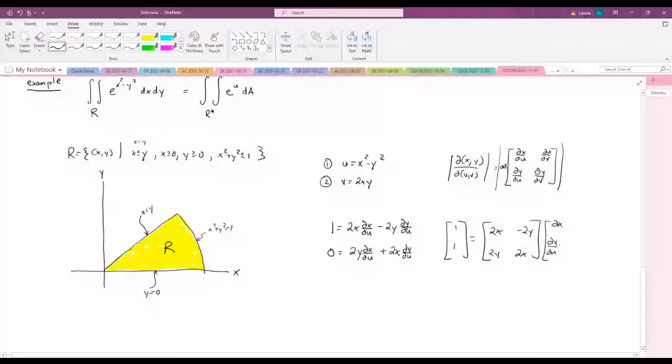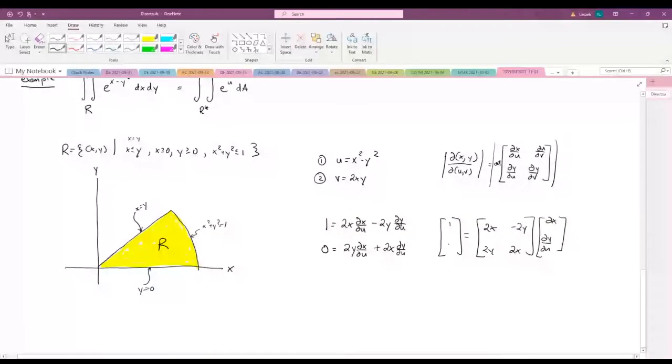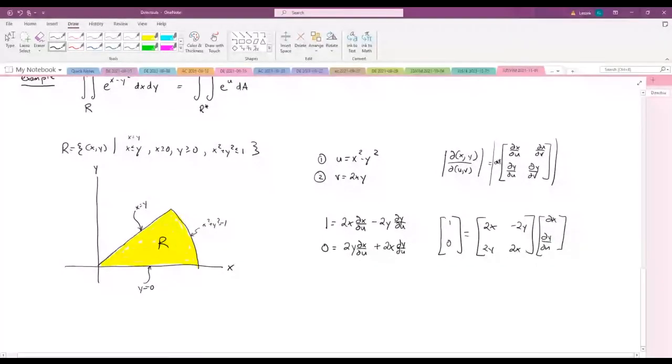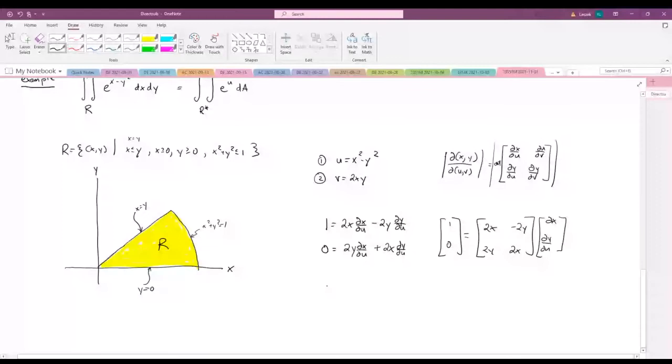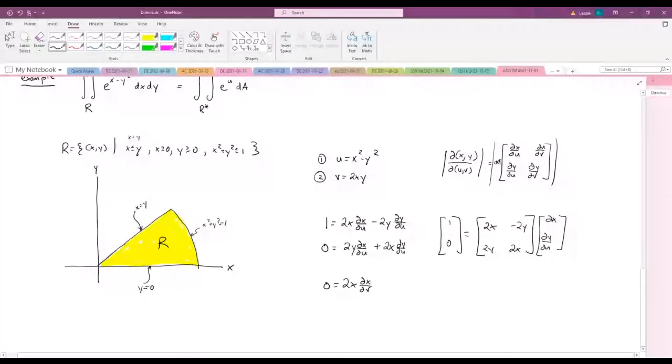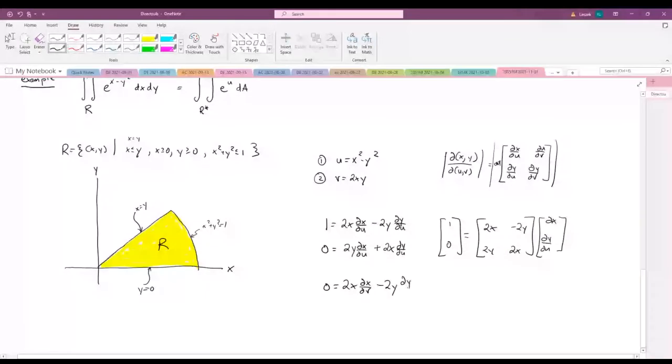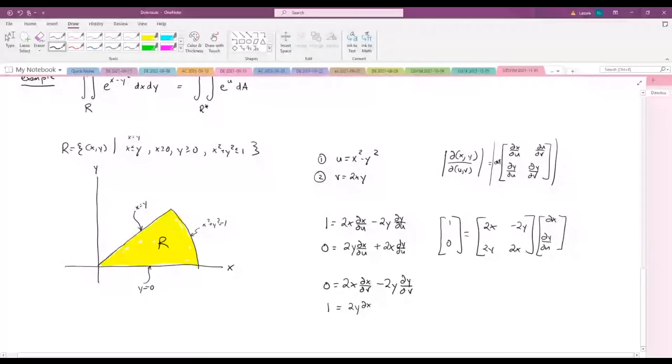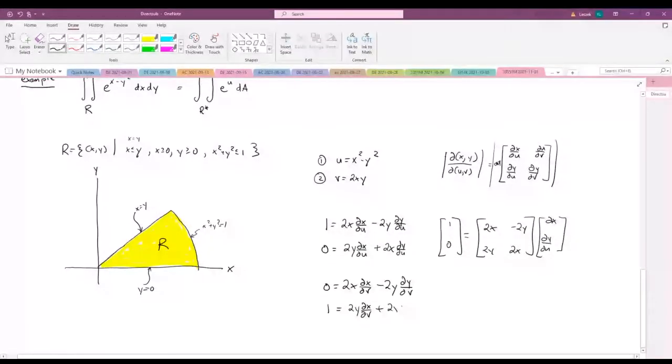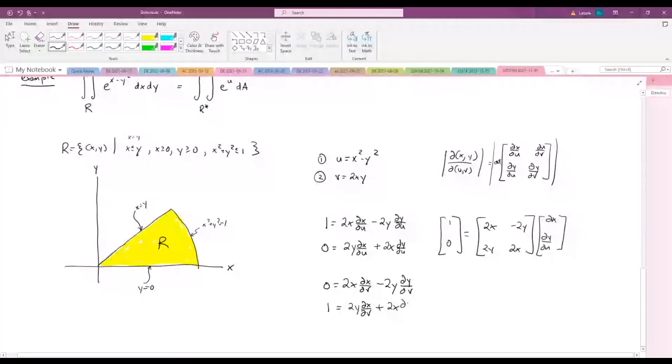And likewise, you can differentiate equations 1 and 2 with respect to v next. So differentiate equation 1 with respect to v. Differentiate equation 2 with respect to v. That could also be written as a matrix equation.